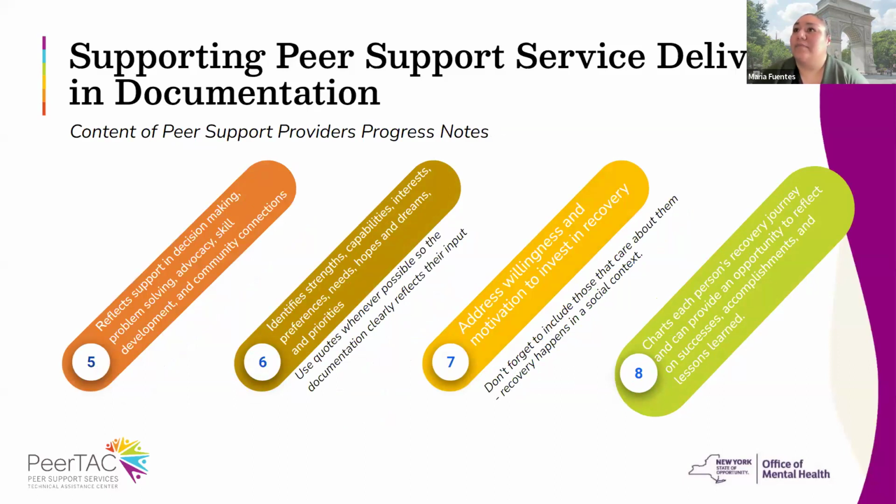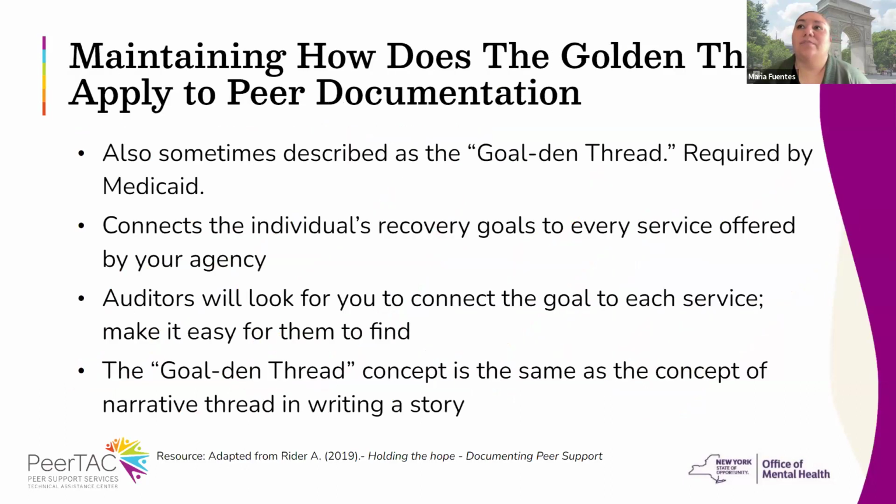Identify strengths, capabilities, interests, preferences, needs, hopes, dreams, priorities. These are the things people are talking to us about. We're peers. That's what we're doing, right? They're telling us this stuff, and that's important. Address willingness and motivation to invest in recovery. It charts each person's recovery journey and provides an opportunity to reflect on success, accomplishment, and lessons learned. So we are able to bring that back to them.